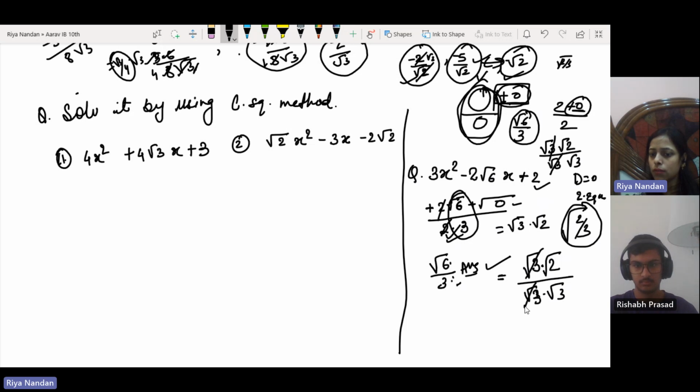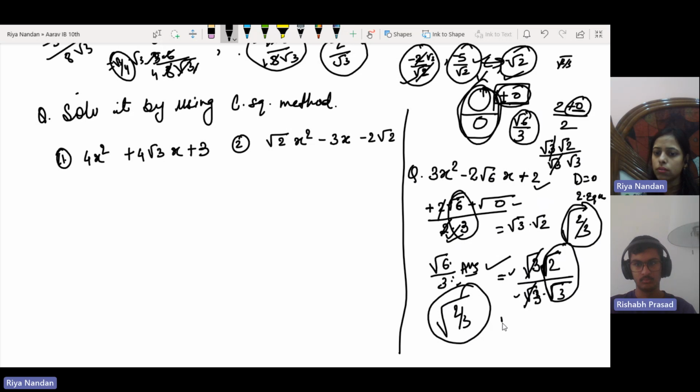Now we can cancel out one root 3 from the numerator and from the denominator. So we are left with root 2 upon root 3. So we can write root of 2 by 3 as a complete root. I have given a single root to both, and this is the answer. Clear?